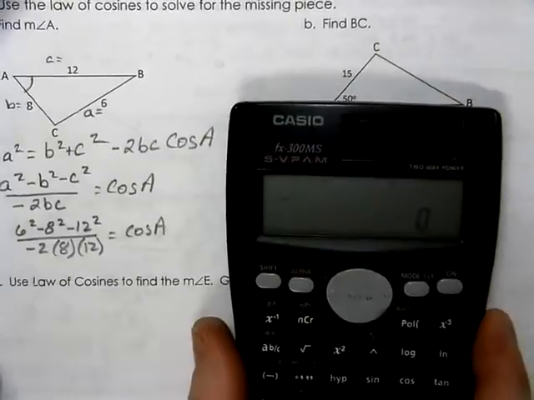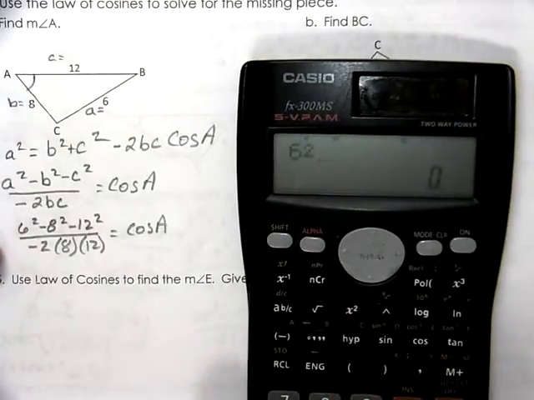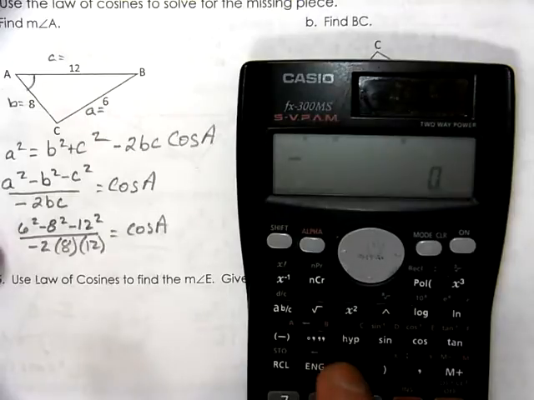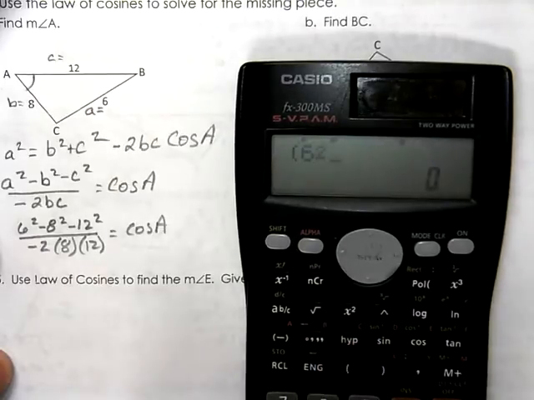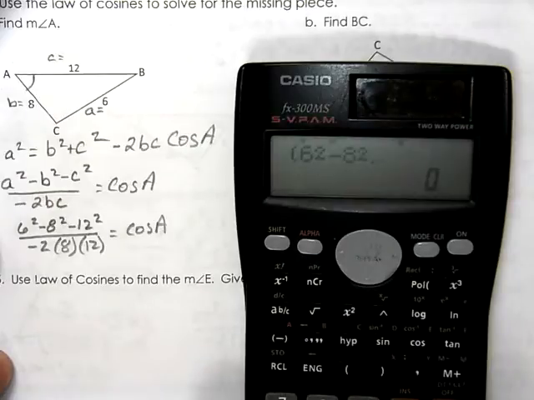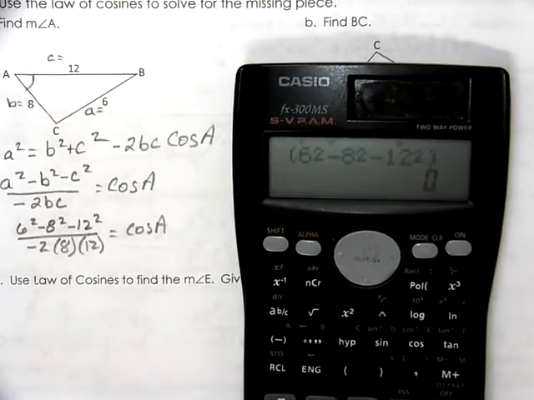So we'll take our calculator and we'll say 6 squared. Well, careful here again. You need to use parentheses to represent the numerator of a fraction. 6 squared minus 8 squared minus 12 squared, and we can close off the numerator.